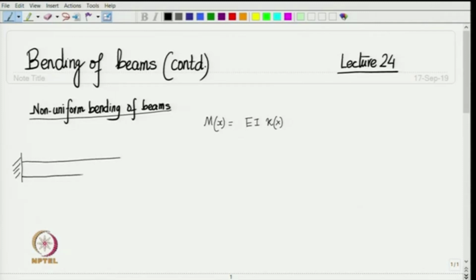So, here is the beam. Think of a general case when we have a distributed load also acting along the length of the beam. In the uniform bending case there was no distributed load or transverse load.